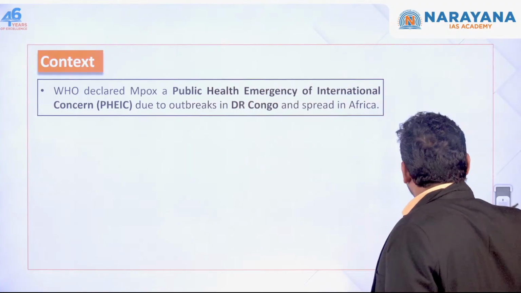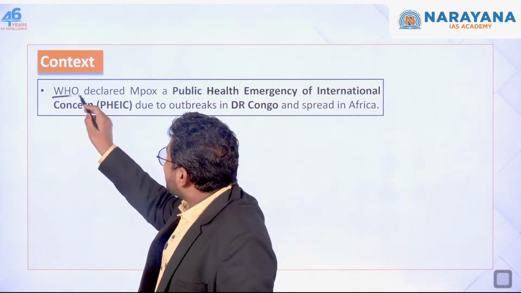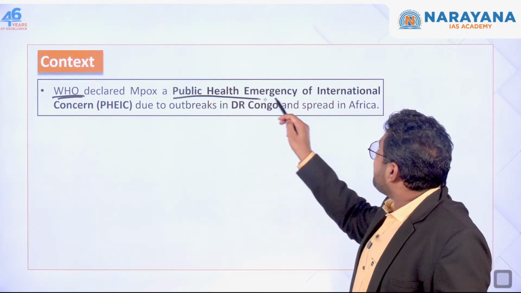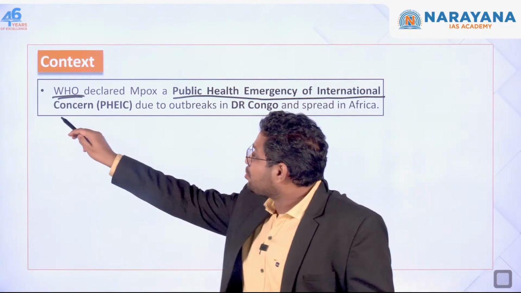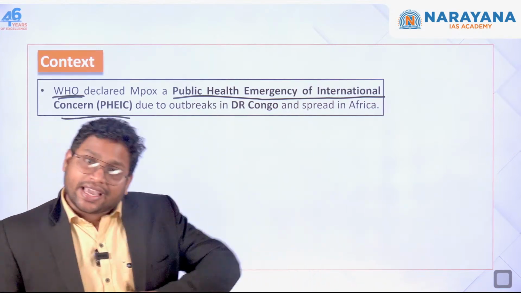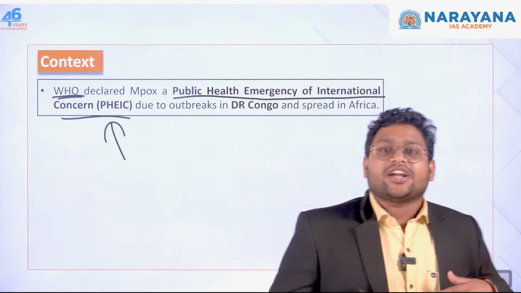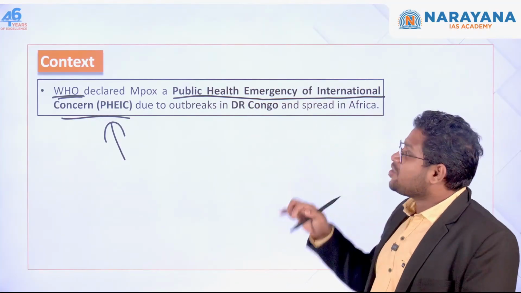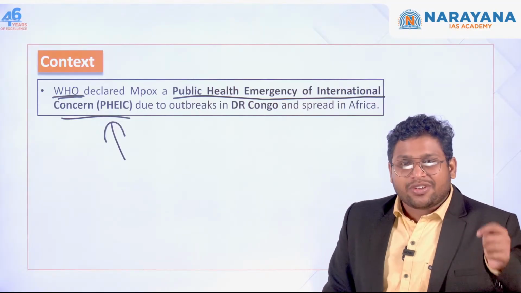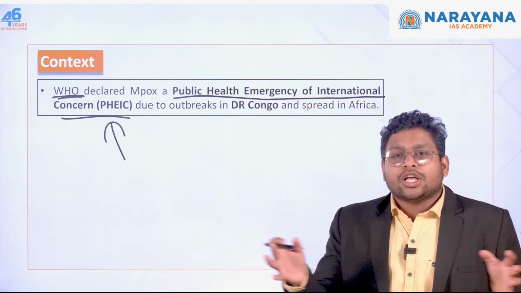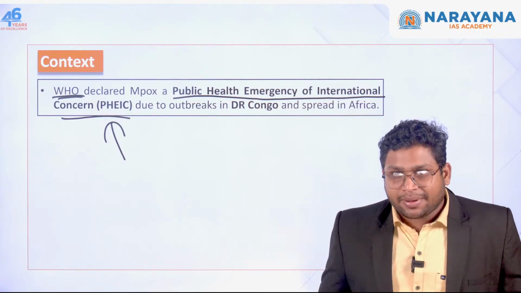It was in news because the World Health Organization declared that this mpox is a public health emergency of international concern. Now this is something interesting. It's not like WHO is going to call any spreading disease a public health emergency of international concern. Last time we heard this terminology was when there was COVID-19, which was spreading throughout the world in the form of a pandemic.